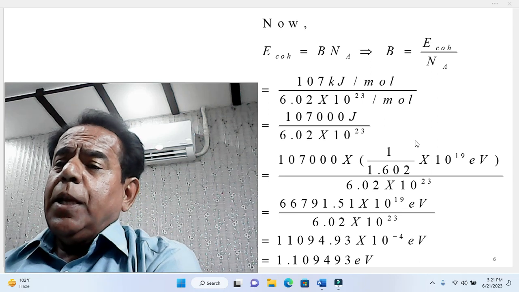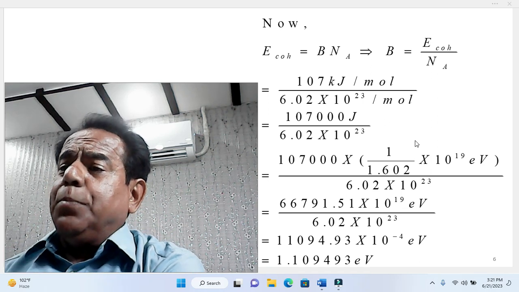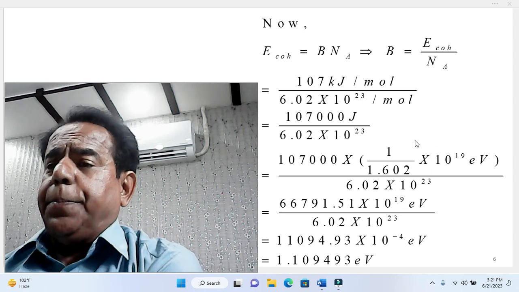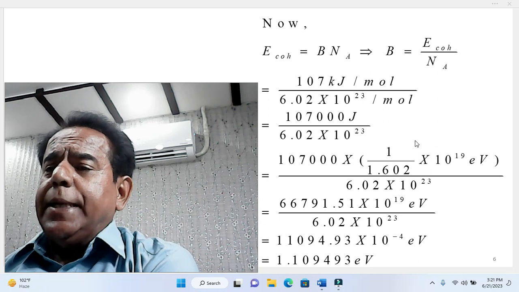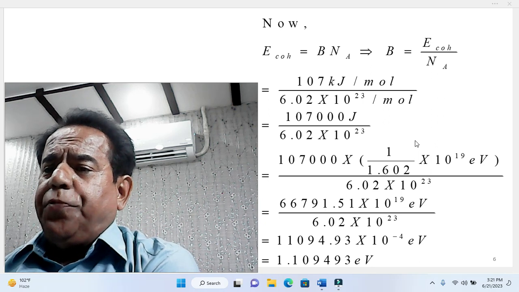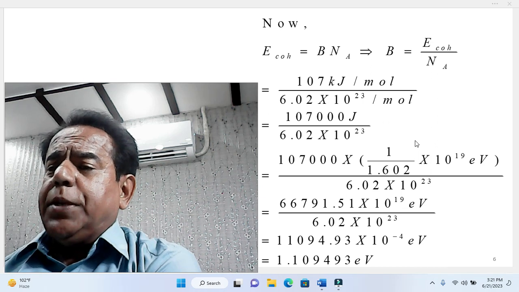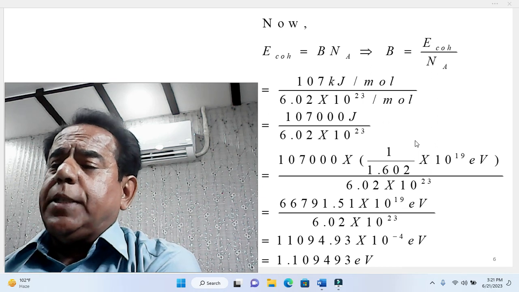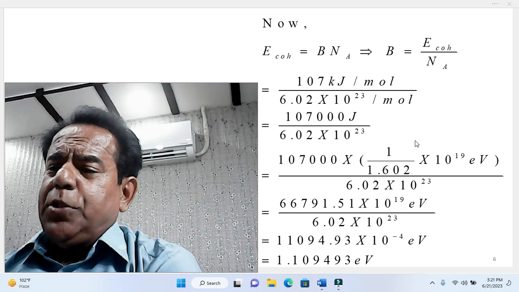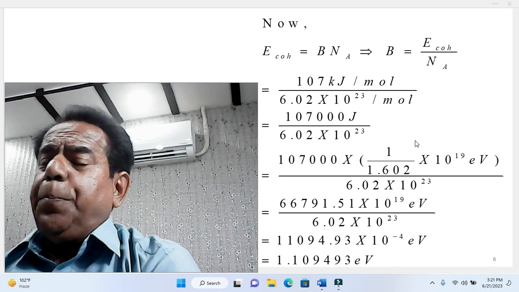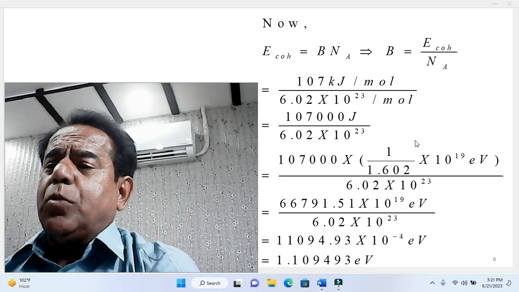Okay, the lower part of the denominator will be shifted to the numerator, and hence mole will be cancelled with mole, and our expression will be reduced to binding energy becoming equal to 107,000 joule over 6.02 into 10 to power 23. What we have done, in place of kilo we have used 3 zeros. Okay, we have substituted K by its value, 1000.